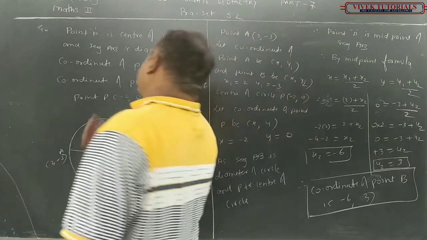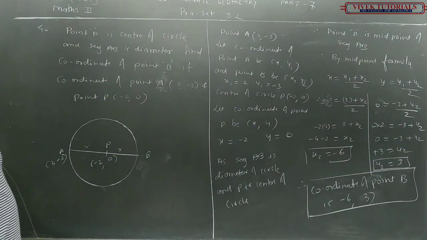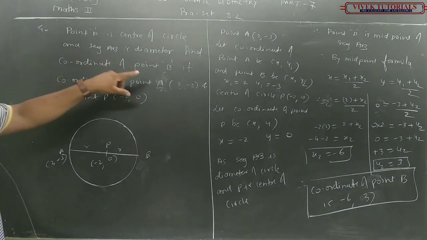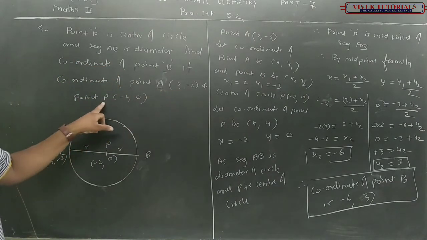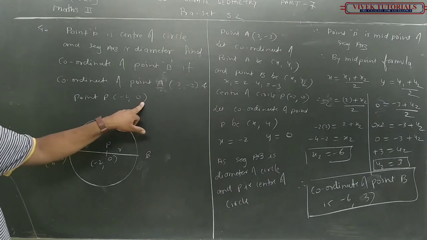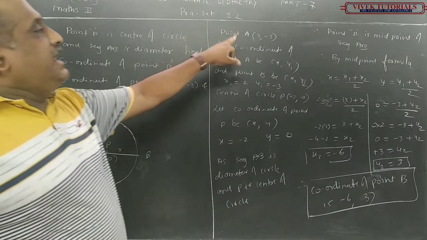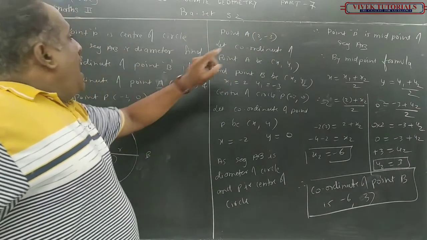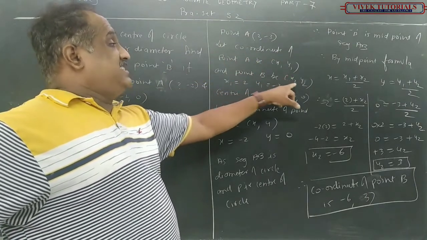Once again, P is the center of the circle, segment AB is a diameter, and we want the coordinates of point B, if the coordinates of point A are (2, -3) and P is (-2, 0). They have given A and P, but not B. So for point A we wrote (2, -3); let the coordinates of point A be x1, y1 and point B be x2, y2.